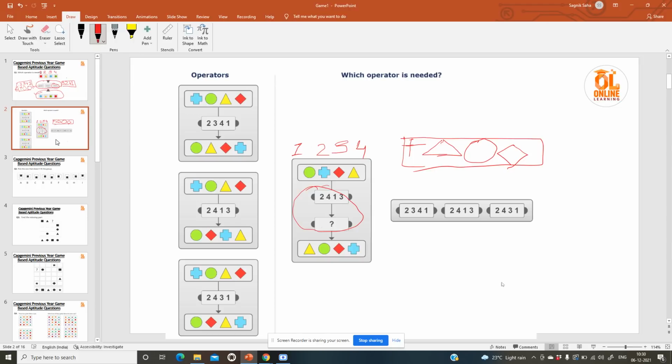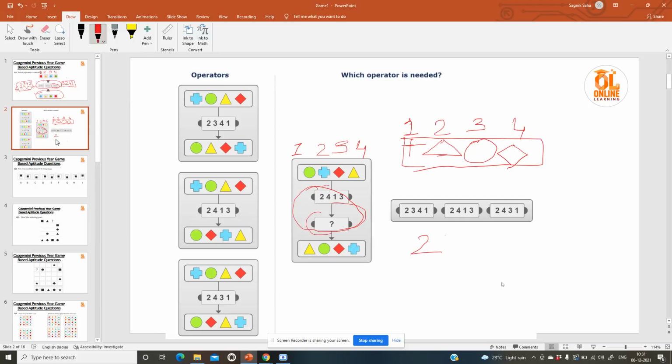Now one more operator is given, where we have a question mark in place of the operator and the shape is given. So we have to find the operator. So again mark it as 1, 2, 3, 4. In the shape portion, first is the triangle. The triangle number is 2. Then the circle is given. What is the number of the circle?